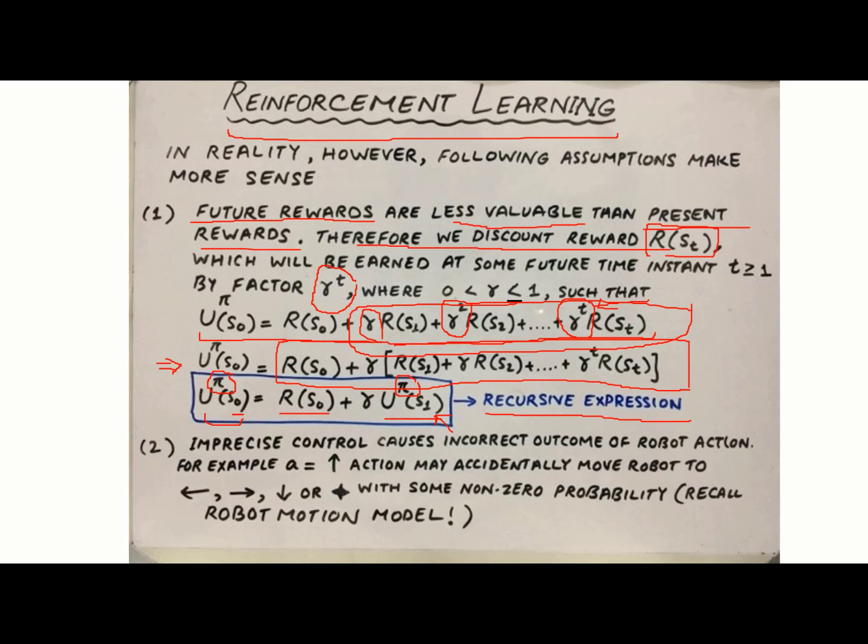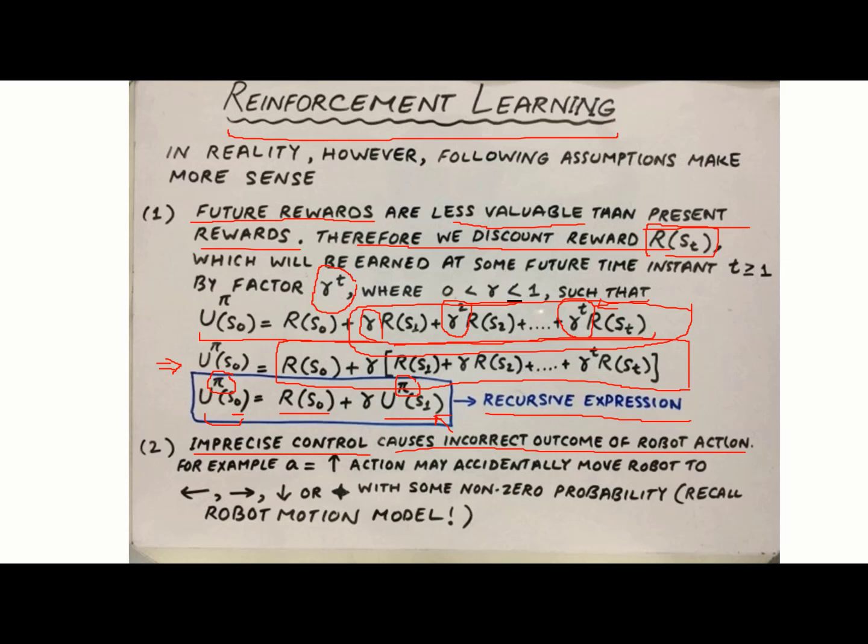The other important assumption is regarding the imprecise control. As we described earlier, an imprecision in controlling the robot can cause an incorrect outcome of the robot action.